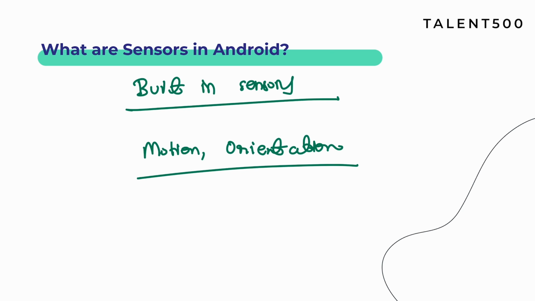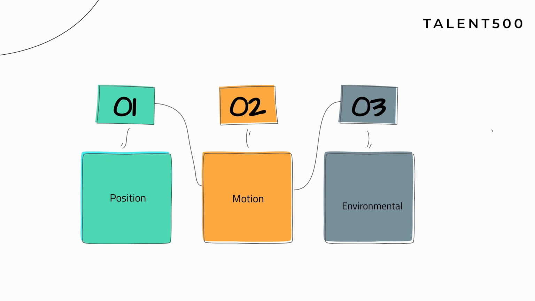These sensors help to monitor the positioning and movement of the devices with high accuracy. They can be both software or hardware based on nature, and the three prominent categories of sensors in Android devices are position sensors, motion, and environmental.